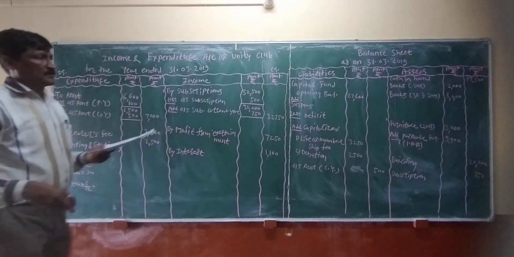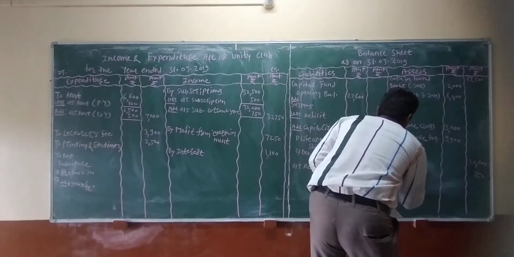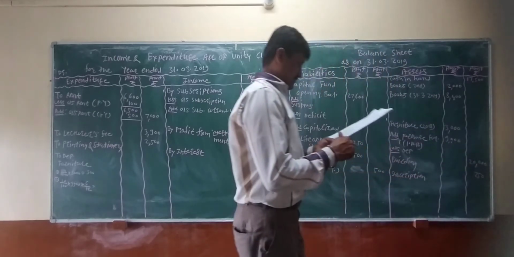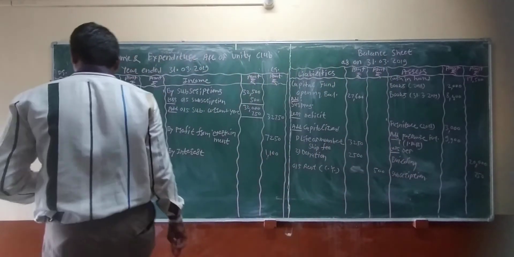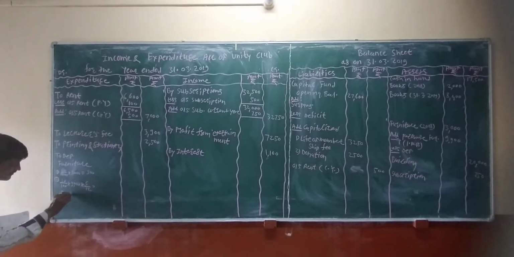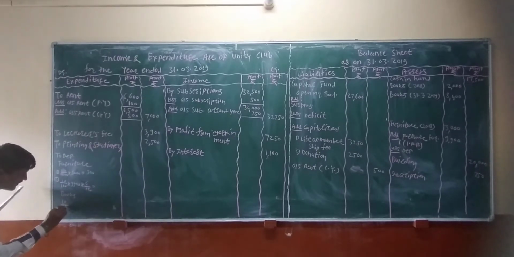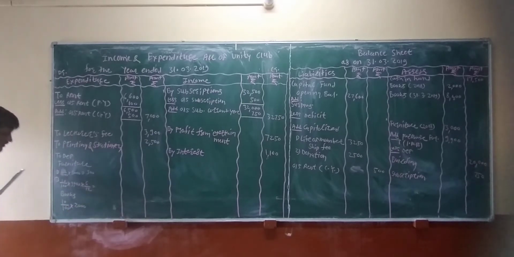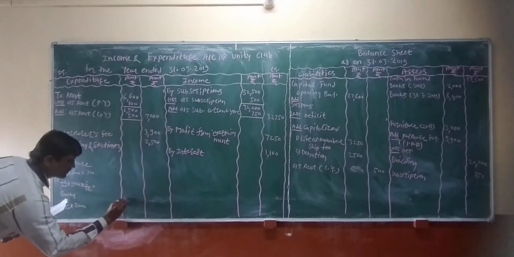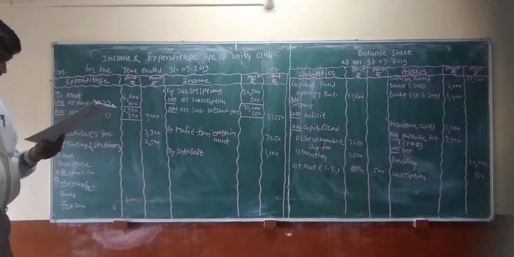Less depreciation. Next, as well as depreciate books. Another concept is books. Old books only at 10%: 10 divided by 100 into 2,000 is 200.